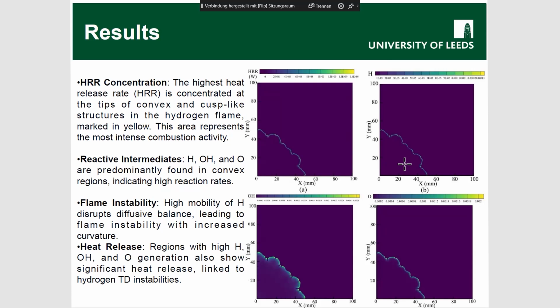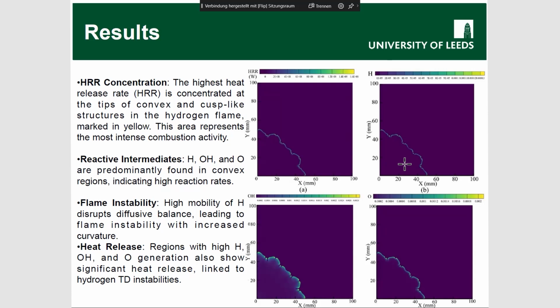The two lower figures in figure B show H and OH and other species. We can still see a similar map to the heat release rate. They are predominantly found in the convex regions, which means high reaction rates.